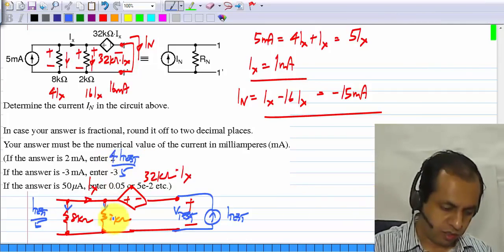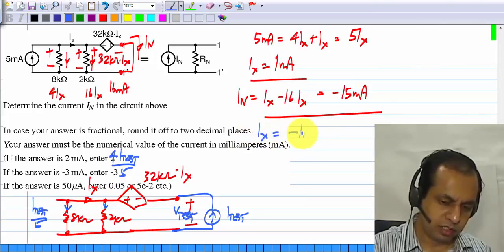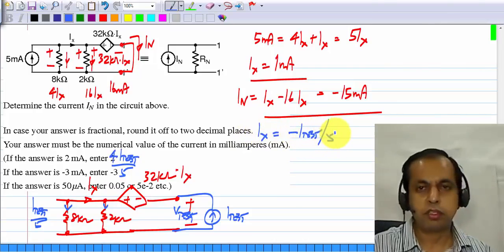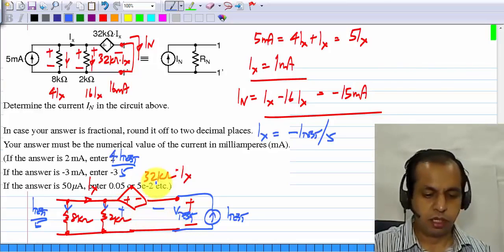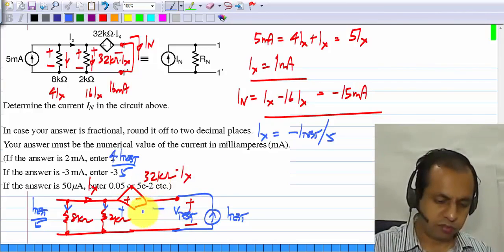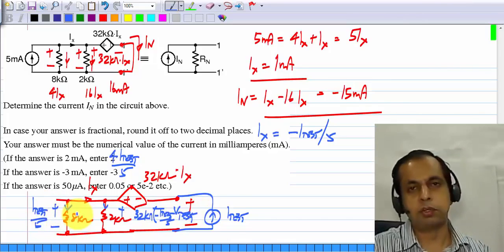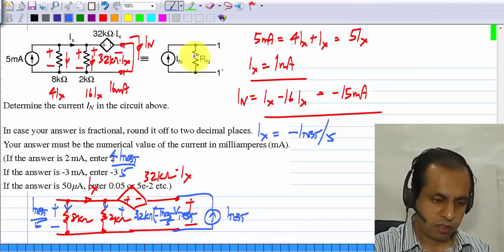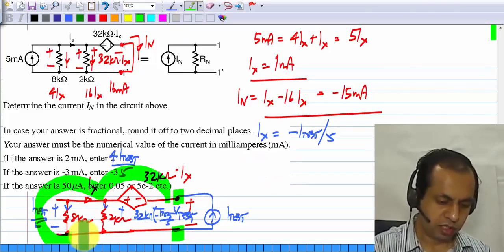Okay, and Ix equals minus I test by 5. So the voltage drop in this direction is 32 kilo ohms times minus I test by 5, and the voltage drop here is I test by 5 times 8 kilo ohms, and the voltage V test is nothing but the sum of this voltage and that voltage.